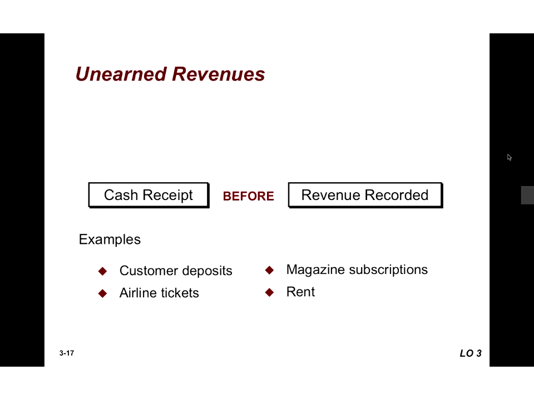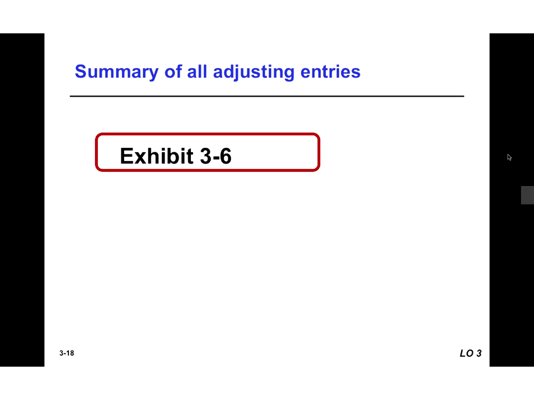Okay, in your book, I'm not going to replicate it here, but in your book, Exhibit 3-6 is a summary of all the adjusting entries. It's also in the PowerPoint slides that you can download, that exhibit is replicated as well. So I just wanted to point that out, that is a summary that if you want it all in one place to look at, that's a nice place.